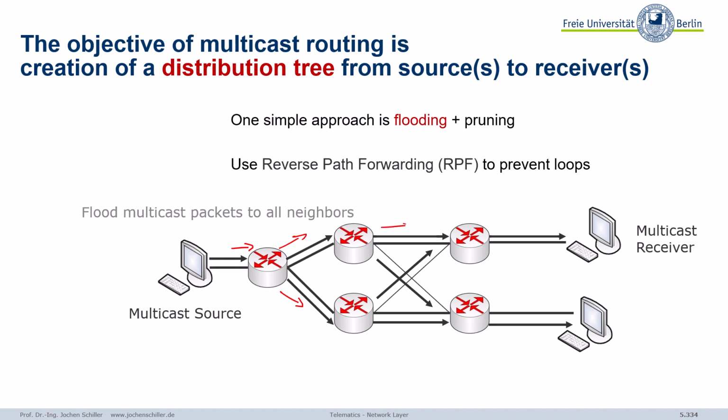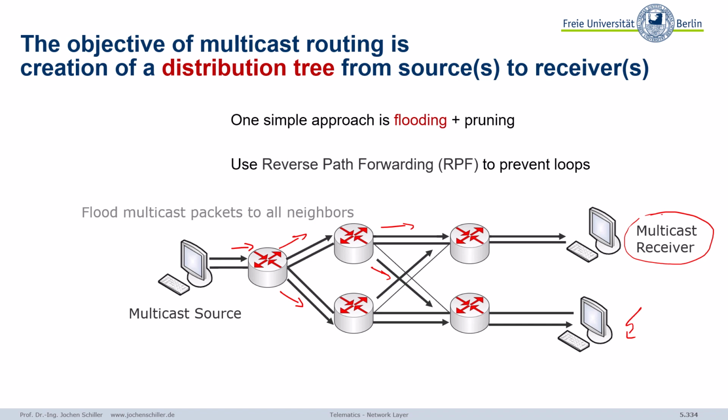As shown here, we flood it, and so on. And obviously, we will reach, in the end, the multicast receiver here. But we also reach any other node. Okay, that's not a distribution tree. That's just flooding. So now we have to start pruning.